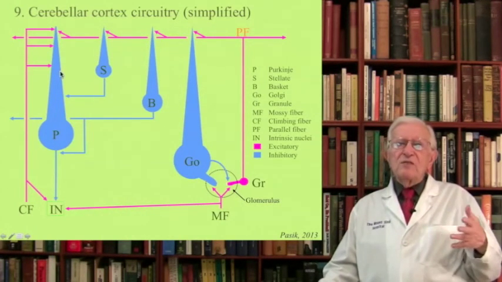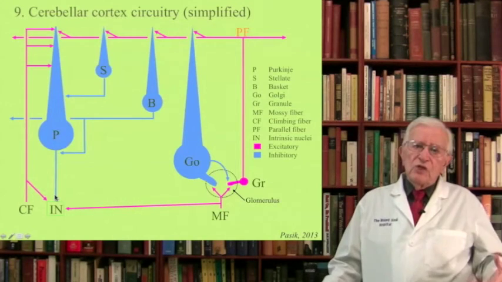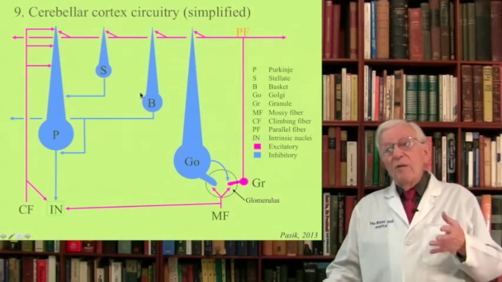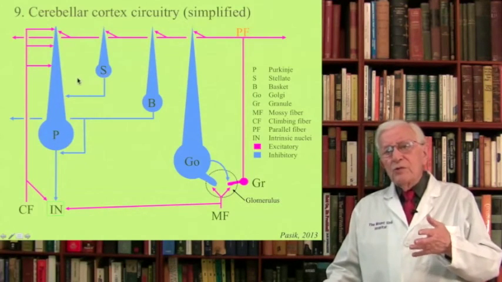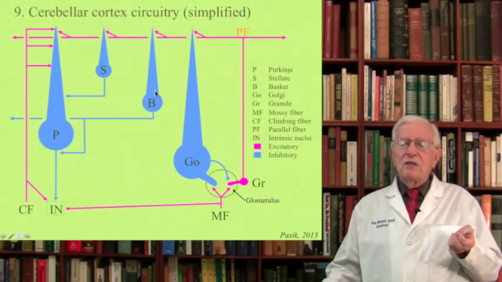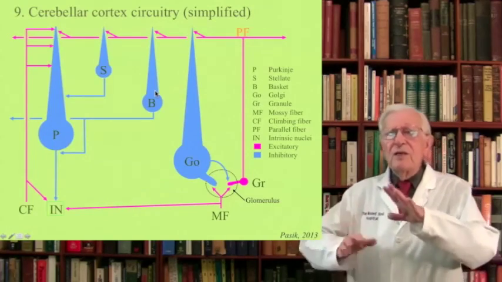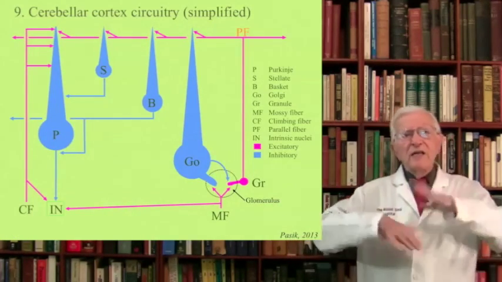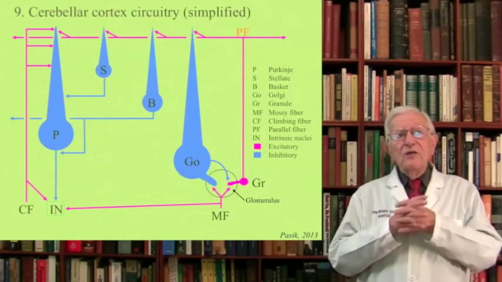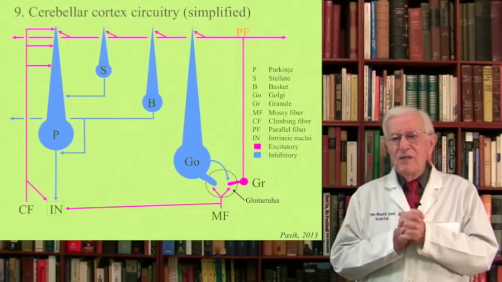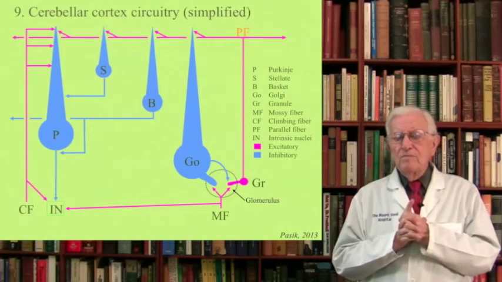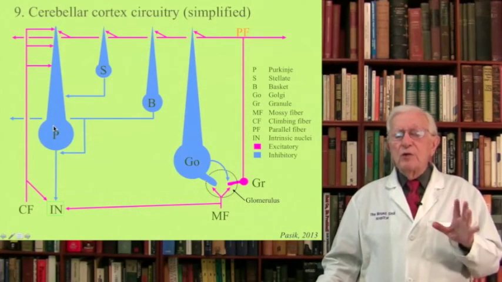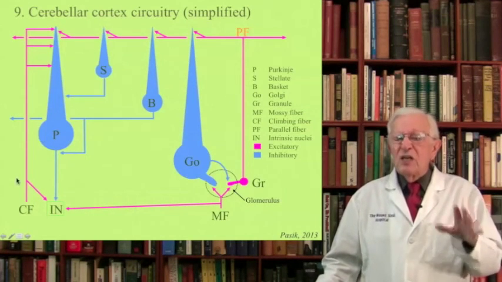Now, the parallel fiber system eventually is going to discharge excitation onto the Purkinje cell. The problem is that you have all these other neurons that are also inhibiting the Purkinje cell. So you see that there is some kind of a balance between excitation on one side and inhibition on the other. And in the resting state, the balance favors inhibition. That means that in the resting state, this Purkinje neuron is relatively inhibited.